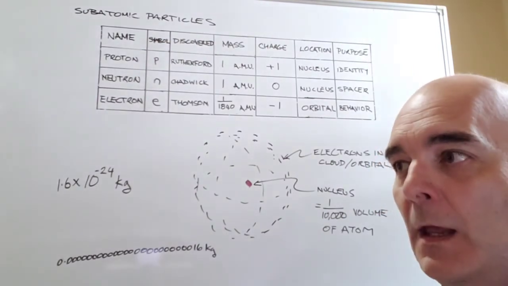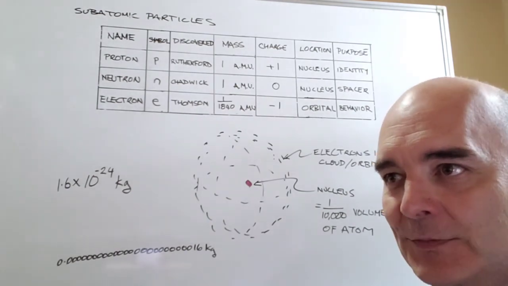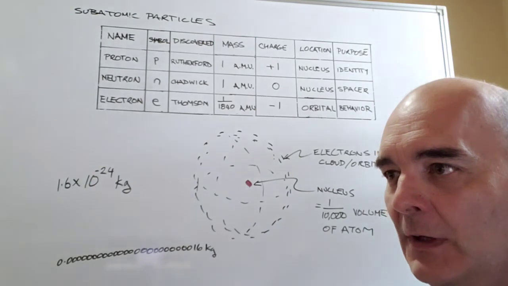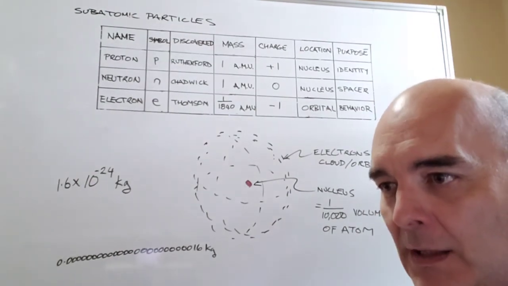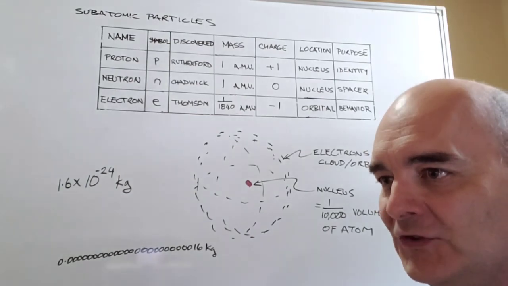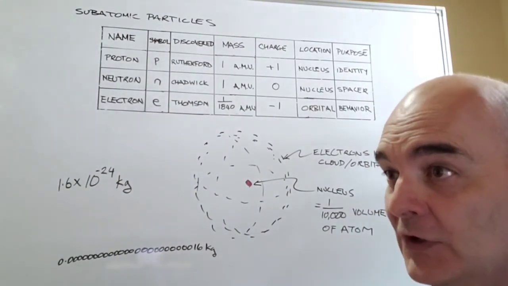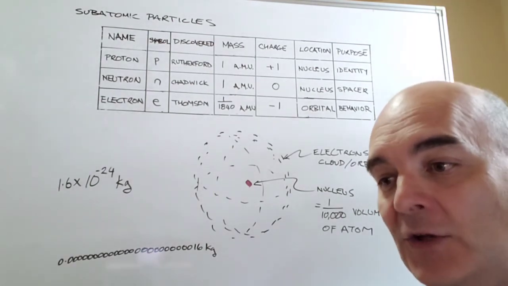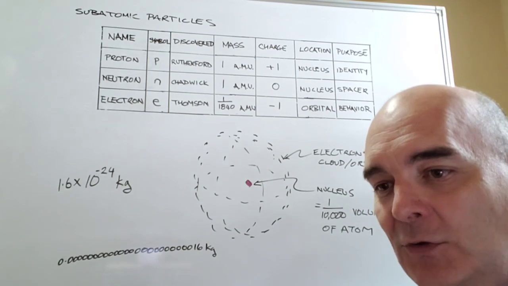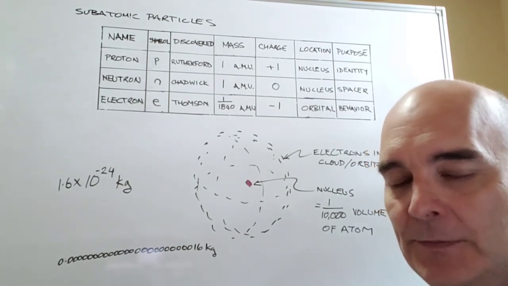The periodic table has 110-ish atoms on it, and carbon is different than nitrogen. If you are a carbon atom, you have 6 protons in your nucleus. If you're a nitrogen atom, you have 7. So changing the number of protons in the nucleus changes the identity of the atom.